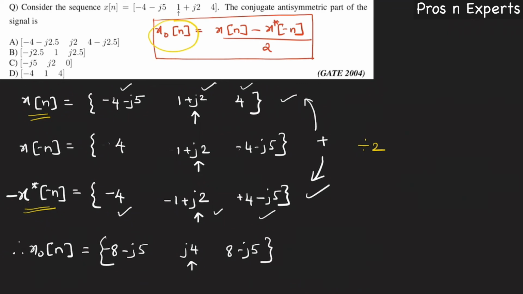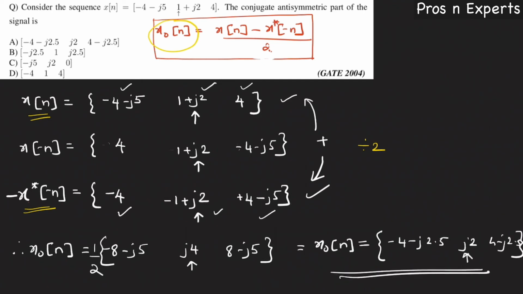But this is not over. We have to divide by 2 also. Therefore the final answer xo of n is equal to minus 4 minus j2.5, j2, 4 minus j2.5. So this is the final answer, and in the options, option A is the correct answer.